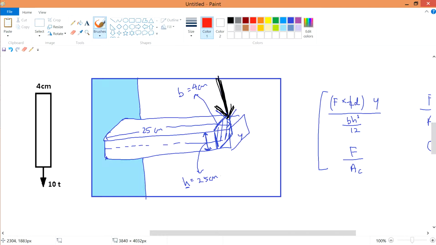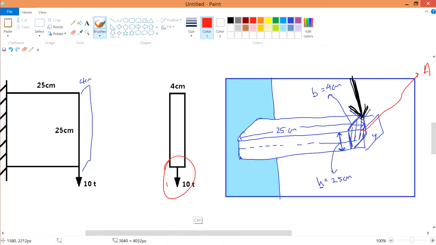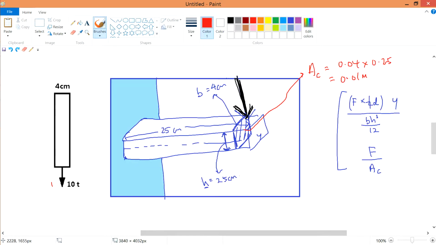And AC is simply the cross-sectional area, this side, which I can define by taking B times H, that's all. So I have 0.04 times 0.01 meter, in meters. Now we have a force acting on this side, and this force is 10 ton, in other words 10,000 kg.